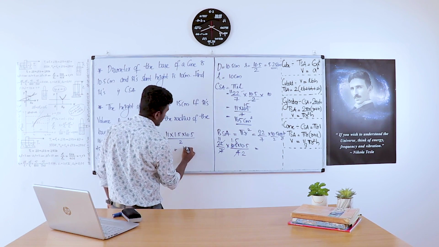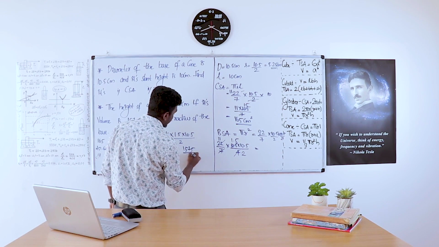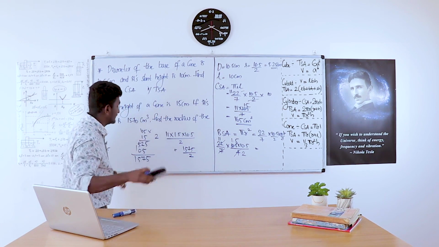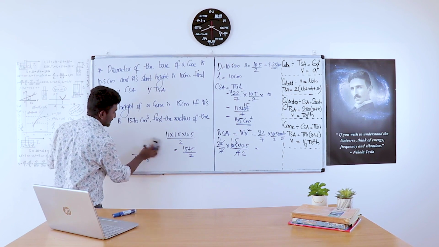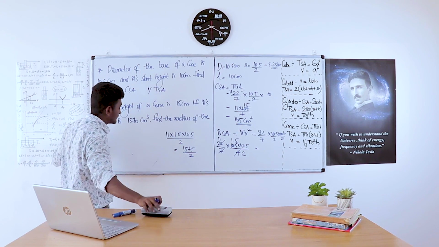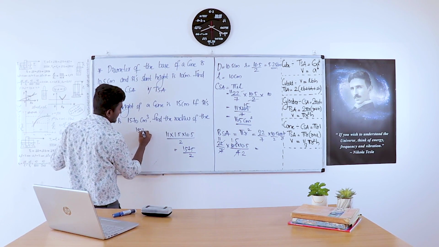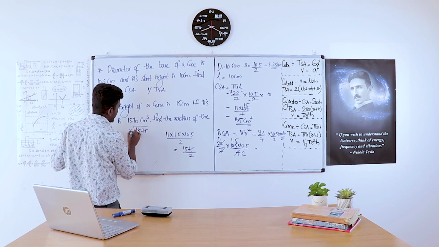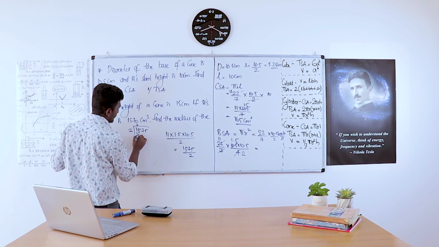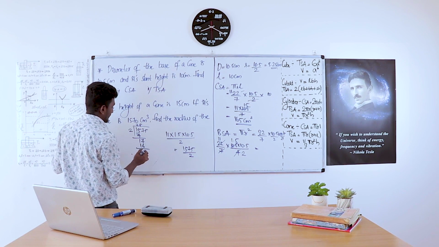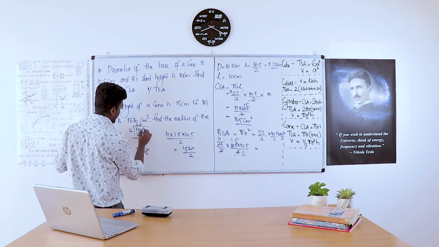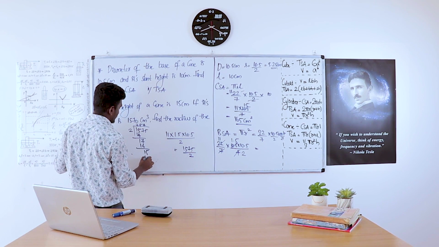That is equal to 1575 divided by 2. What is 1575 divided by 2?